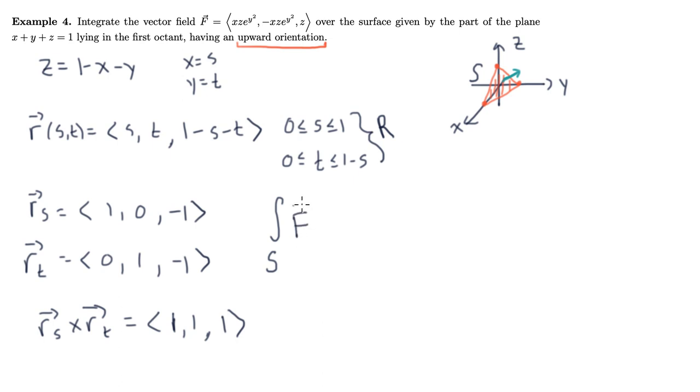So F dot with the normal direction, since the x and y coordinates of my vector field are the same, and I do the dot product, I'm just going to end up adding them together. So I'm going to get 0, which is actually really helpful because these functions are nasty. And so I can just go ahead and do this dot product here.